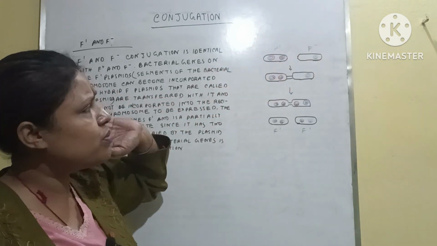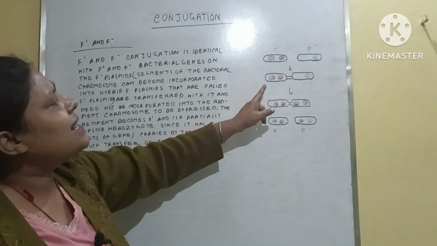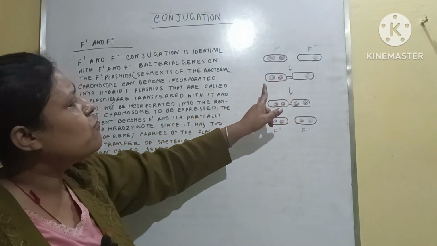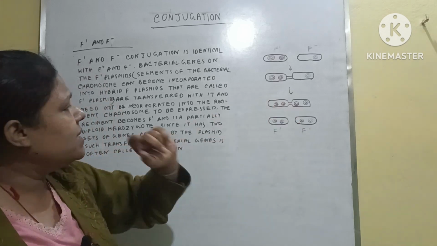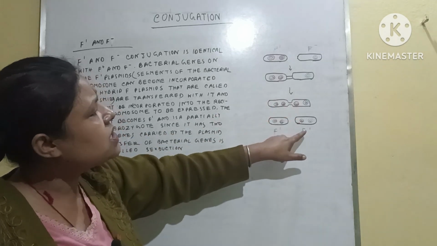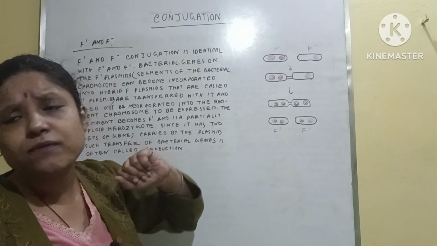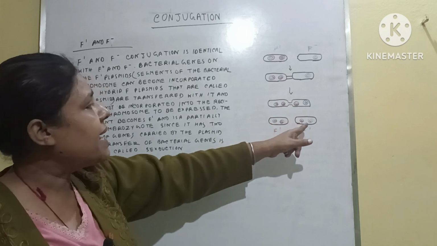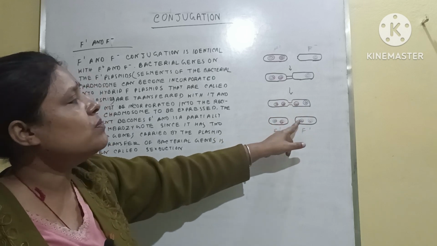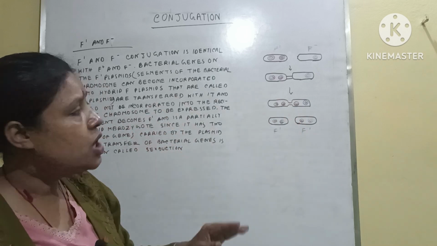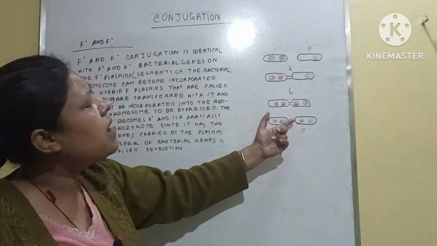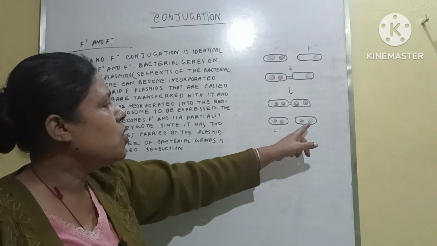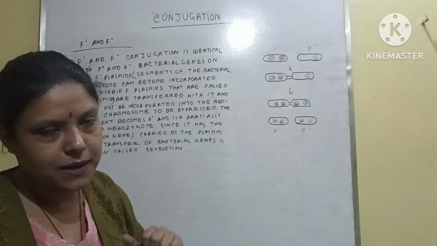So when the conjugation process occurs, the plasmid with the chromosomal DNA is transferred from the donor to the recipient, and the recipient has two sets of chromosome. One set is its own, and another is the donor chromosome, that is the recombinant DNA. Sometimes this recombinant DNA may be incorporated, or sometimes it need not be incorporated with the bacterial chromosomal DNA.